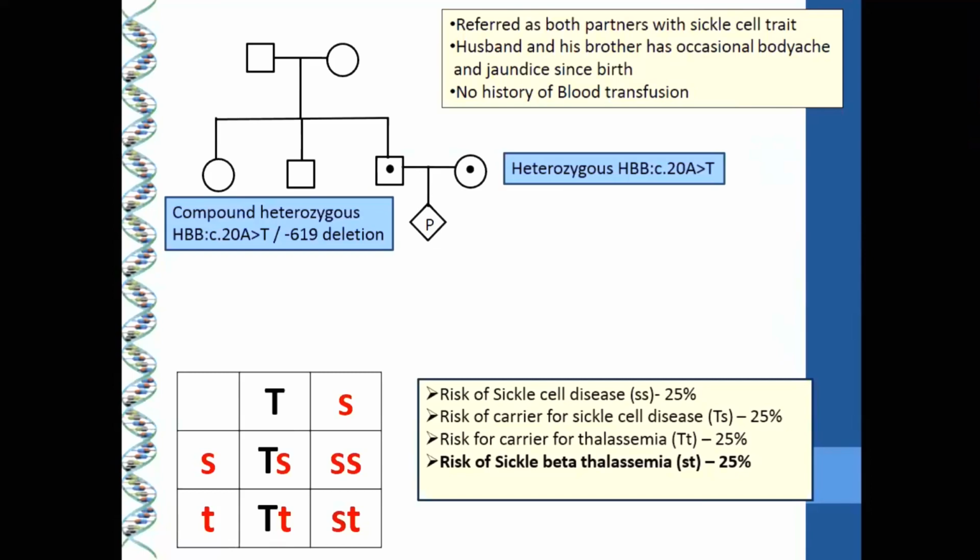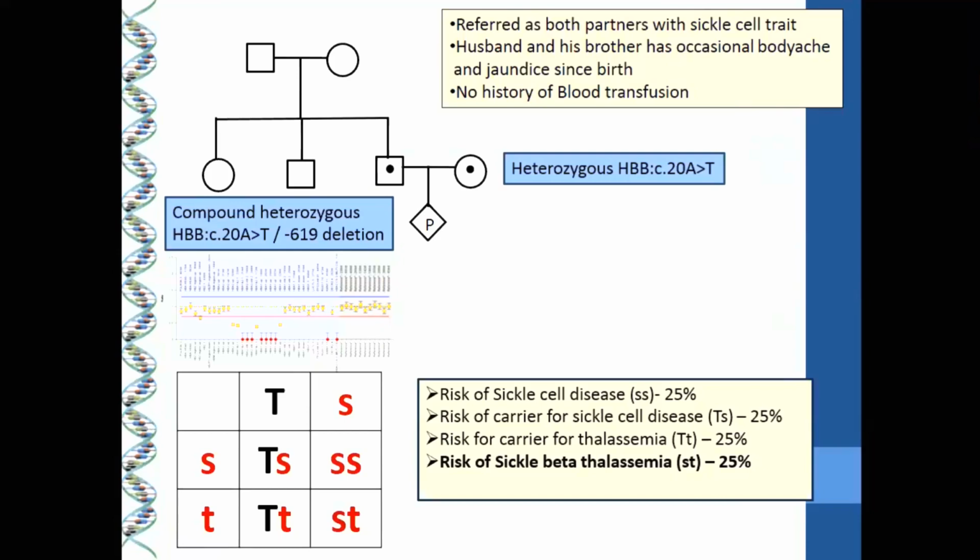Now the family wants to do prenatal diagnosis, but we don't know why the father is not manifesting. So then we did MLPA for alpha thalassemia. This showed deletion in the alpha gene. Okay. So now we know why the father was not manifesting, because due to 619 deletion, the number of beta chains have reduced.